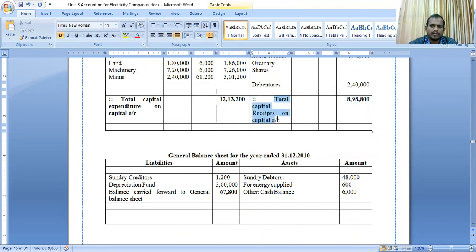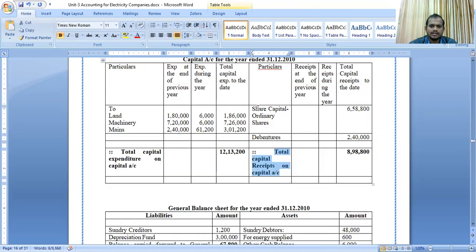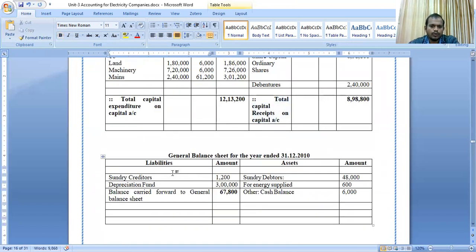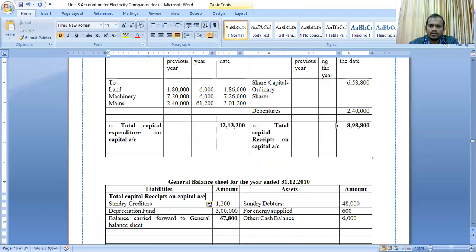So total capital receipts. So capital receipts are nothing but sources of funds. So these sources come under the liability side. So liability side, we have to mention the total capital receipts on capital account. So which is 8 lakh 98,800. These are the expenses.